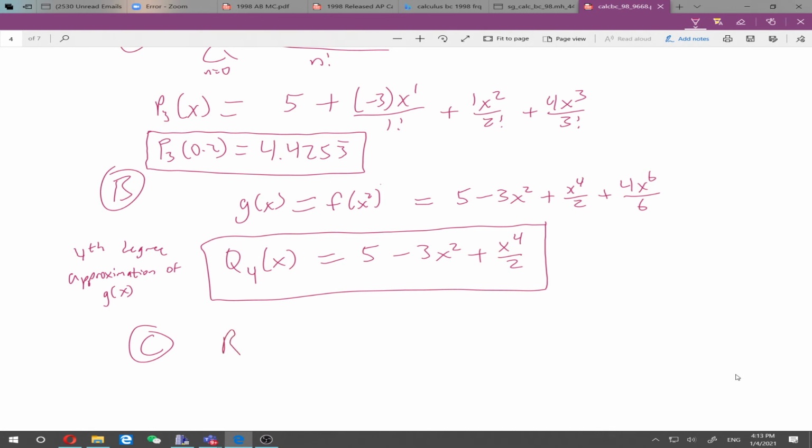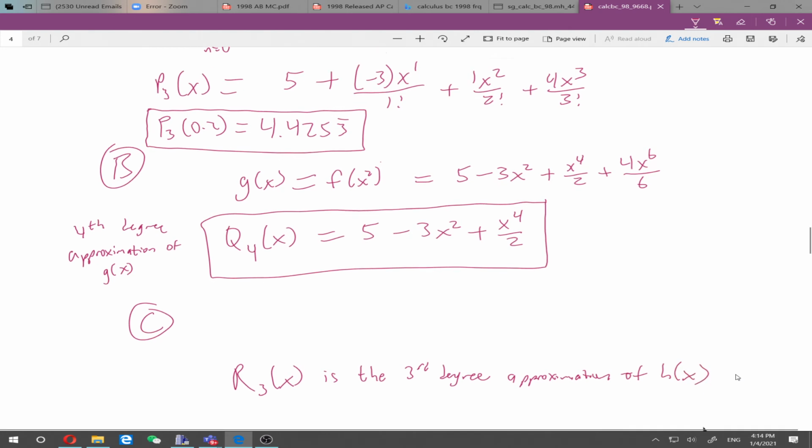So I'm going to say R3 of x is what we're looking for.